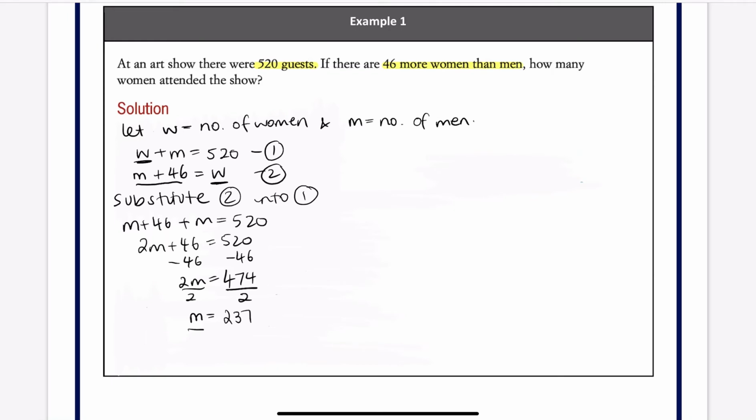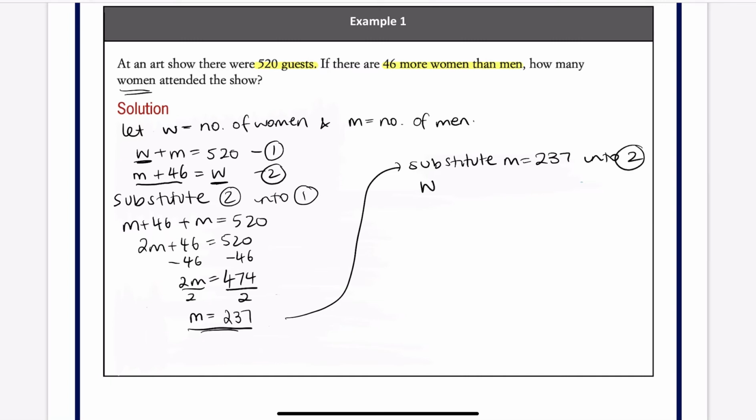So there are 237 men, but our question asks how many women attended. So I'm going to substitute M equals 237 into equation 2.